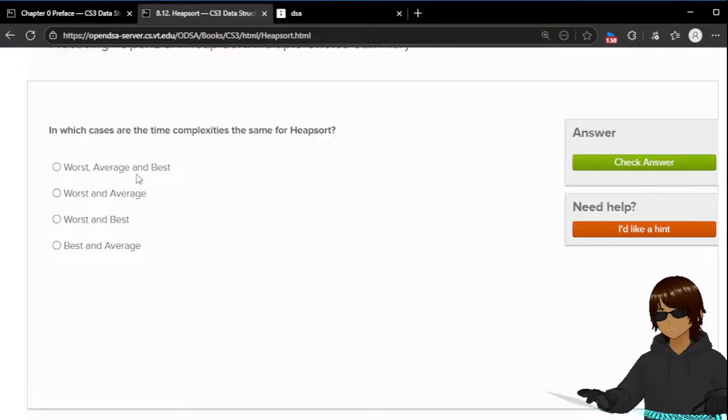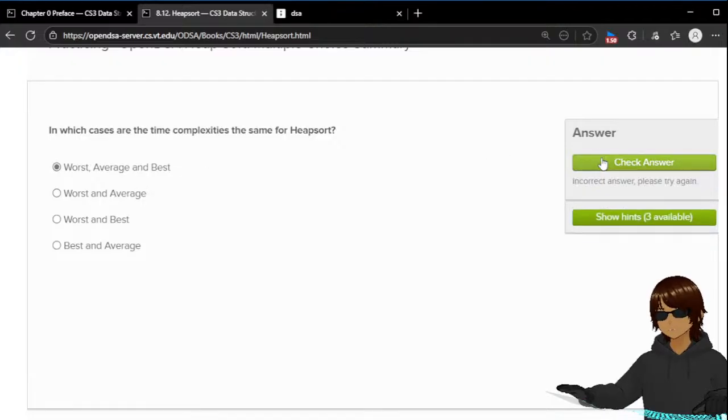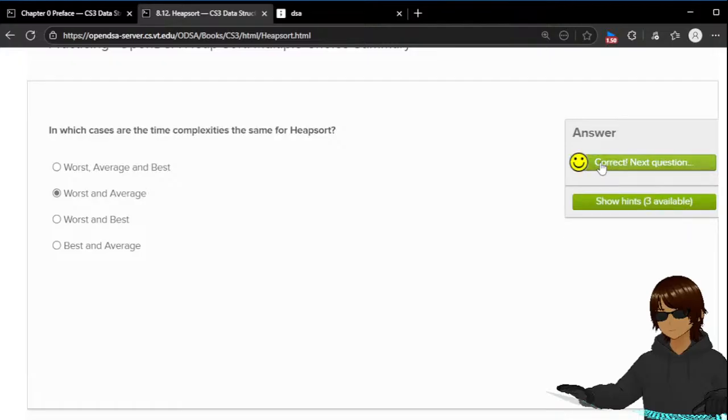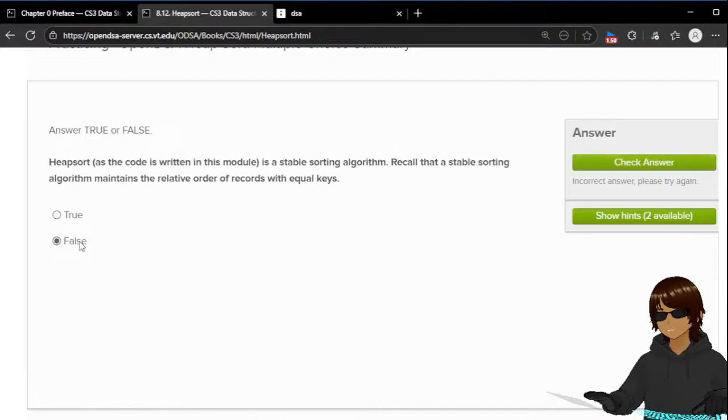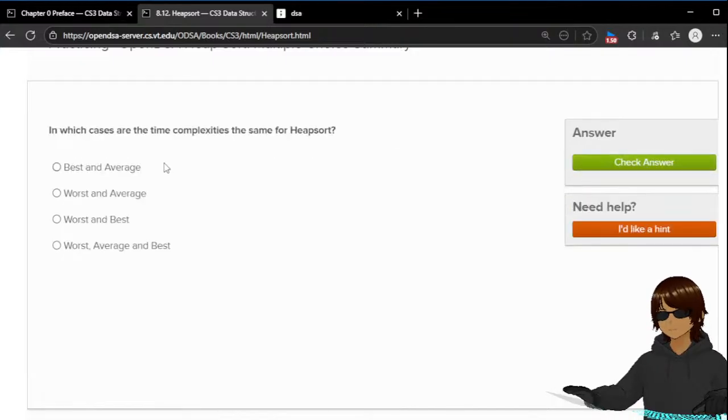Uh, all of them, right? Best and average? Nope, worse than average. Heap sort is stable. I guess true. I don't know about the... Okay, no. So worst and average.